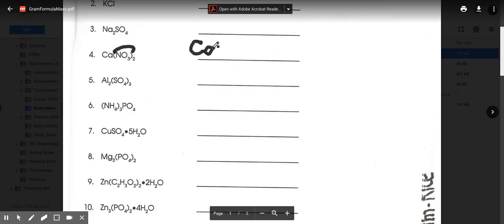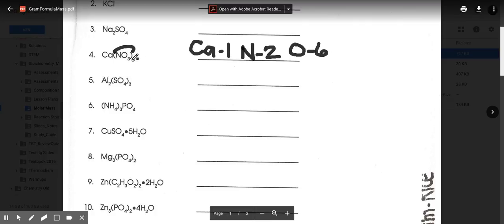So once again, 1 calcium, and you distribute the 2 throughout the parentheses, so 2 times this 1 nitrogen equals 2 nitrogens. Distributing this 2 inside the parentheses, 2 times 3 equals 6 oxygens.